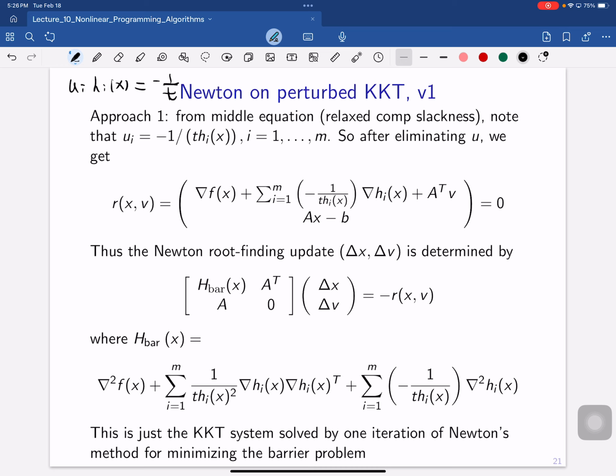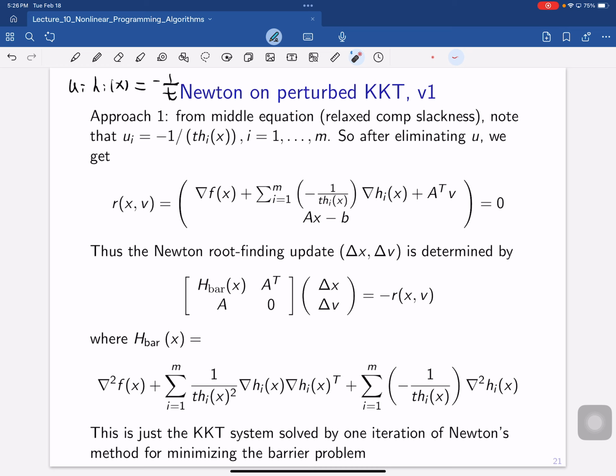Right? So whenever you have a mu_i, you have this complementarity constraint. So you can use this equation to get rid of the mu_i, right? By replacing mu_i with minus 1 over t times h_i(x). Right? So now you get rid of all the mu_i's.